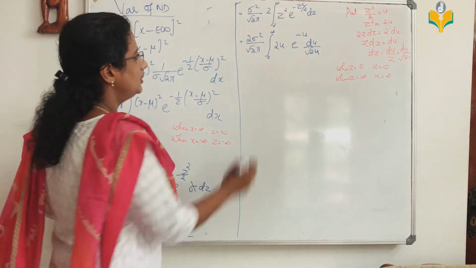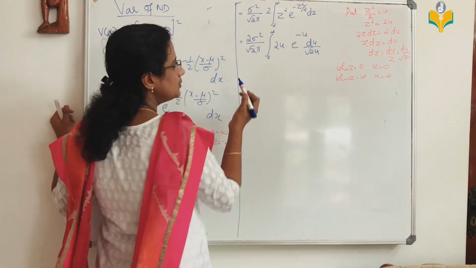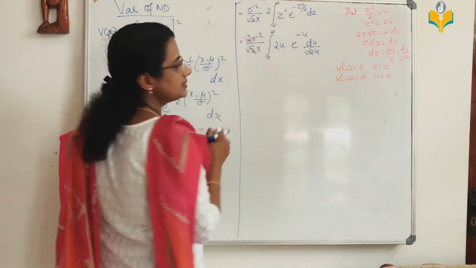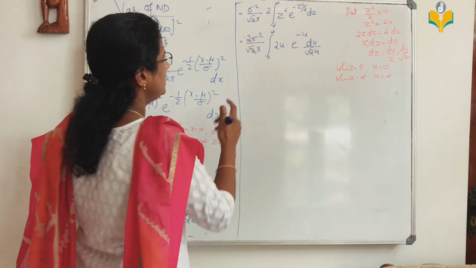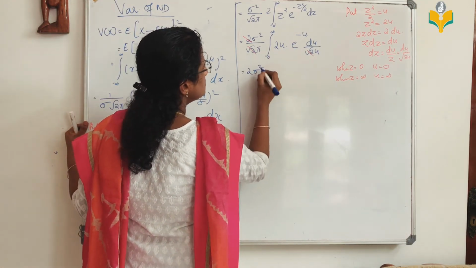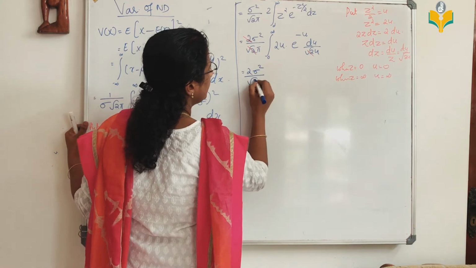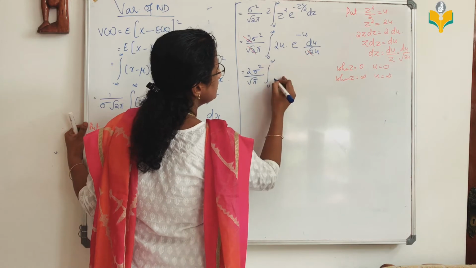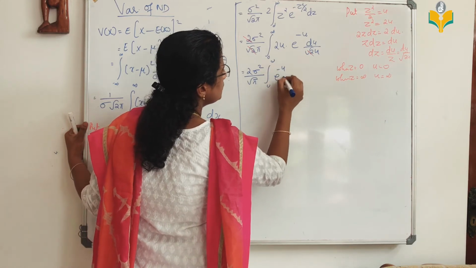Alright. Root 2 into root 2 is 2. And there is another 2 here. All these 2's are cancelled. Now we'll get 2 sigma square by root pi into integral 0 to infinity e raised to minus u into u.